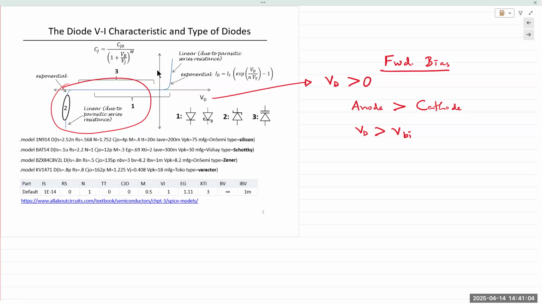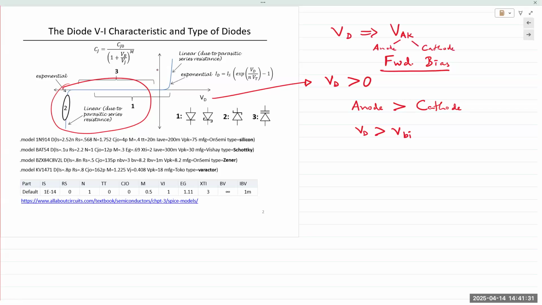When the diode starts conducting current, we represent VD as positive, ID also as positive. VD positive means the diode voltage VD is measured at the anode. So I would write VAK, measured at the anode with my reference at the cathode.